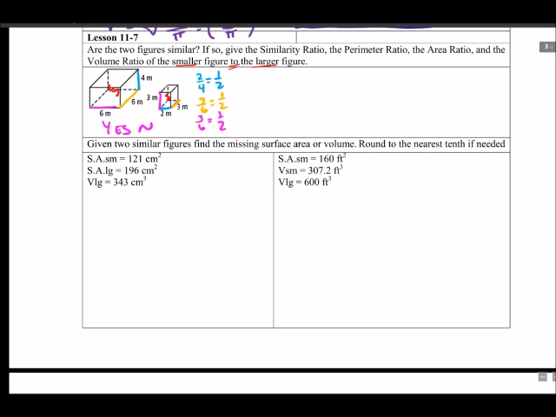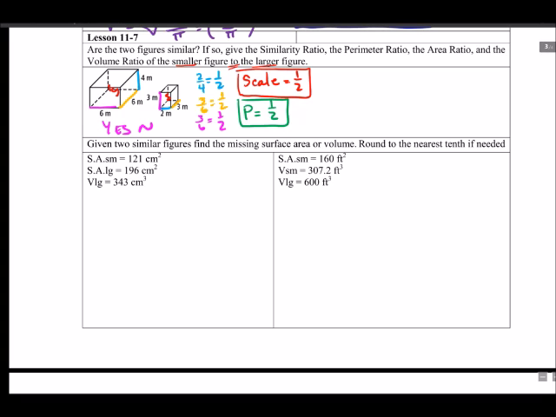All of their length measurements are proportional. So we know that we have a scale factor of 1 to 2, small to large. And if you remember back long ago, we said that our perimeter ratio is just the same as the scale factor. So our perimeter ratio is also 1 to 2, small to large figure.